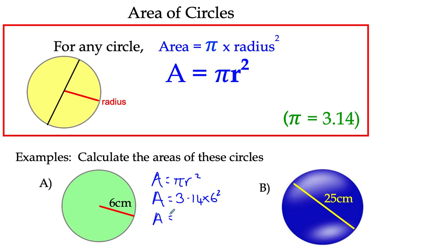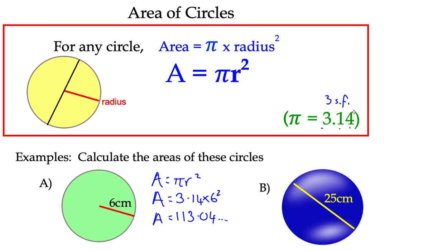And then you can take a calculator if you have one. 3.14 multiplied by 6 again, and we get 113.04. We might usually round that to 3 significant figures. Quite often, see pi here, 3.14, there's 3 figures in that number, so we call that 3 significant figures.